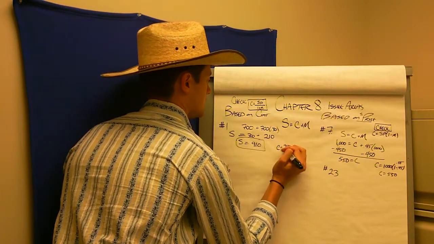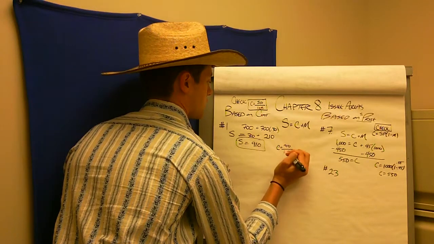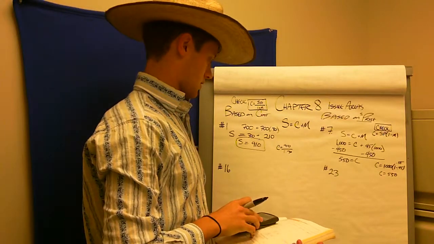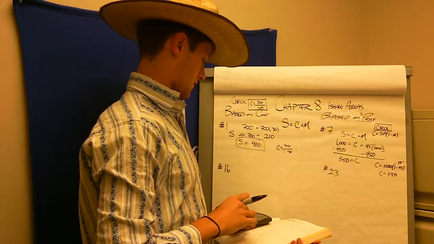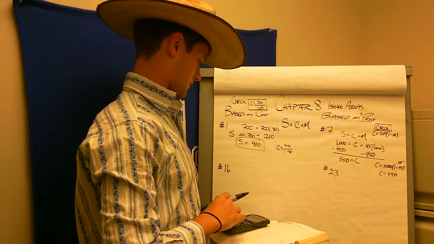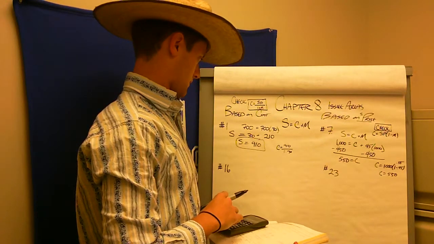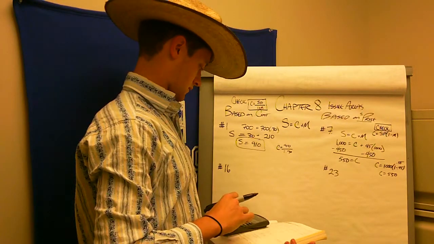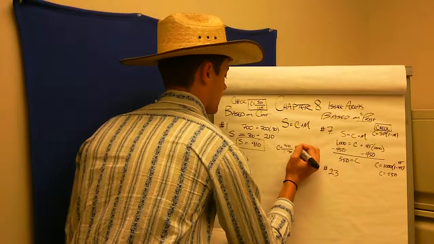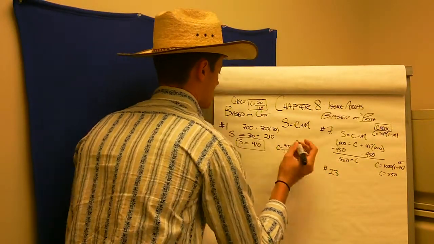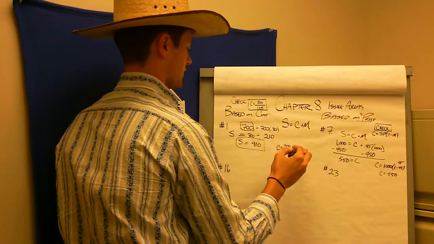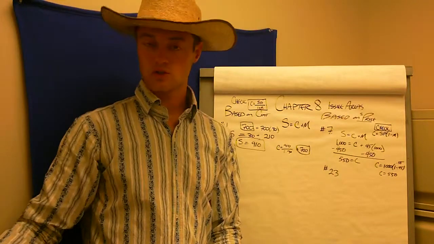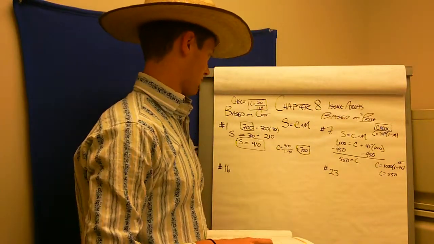So 910 divided by 1.30 gives us our cost of 700, which we had been given. So there are different ways that you can do checks to make sure that you're calculating the right thing.